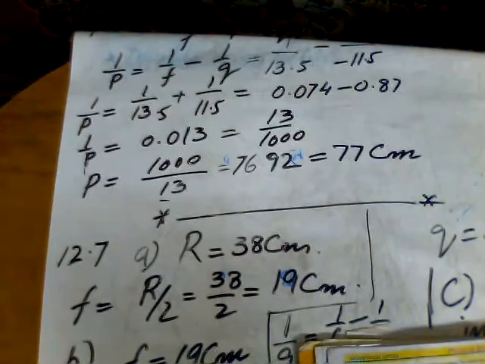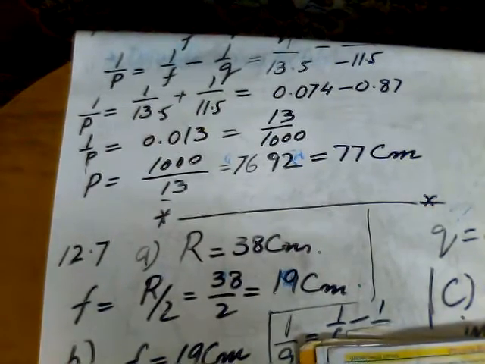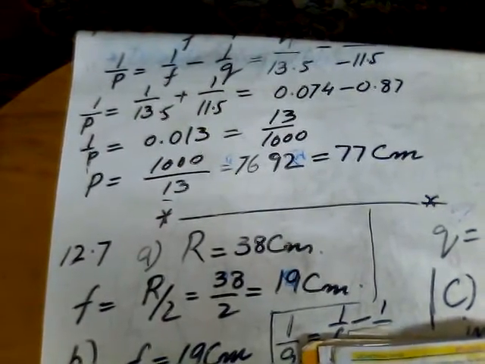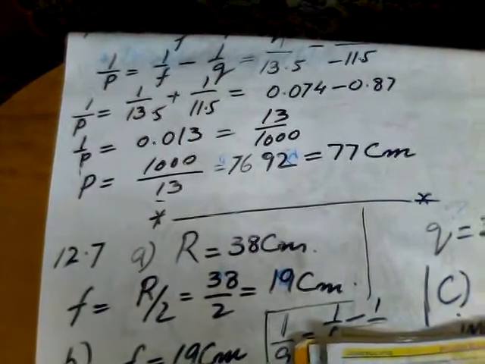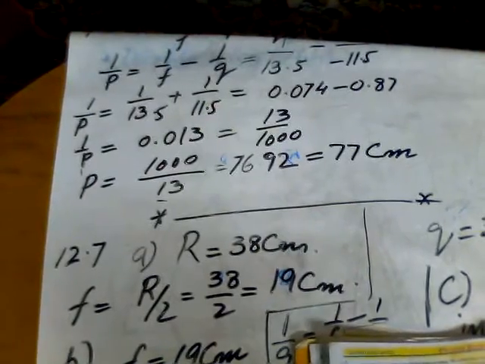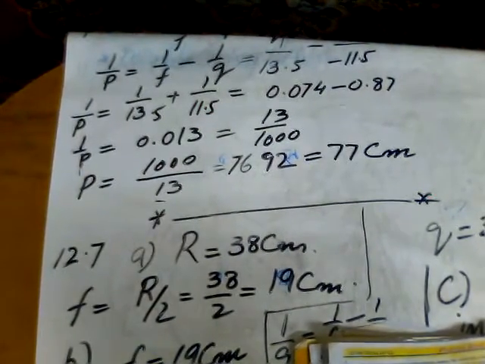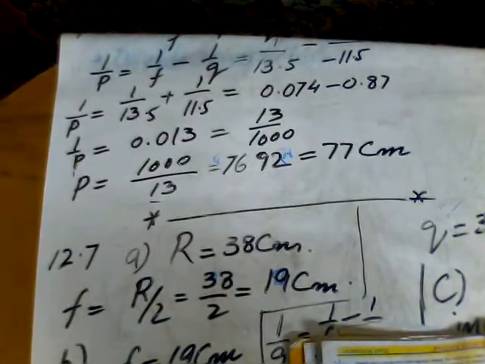Nabila uses a concave mirror. For this mirror, we take all the things as positive with plus sign. When applying makeup, the mirror has a radius of curvature of 38 centimeters.